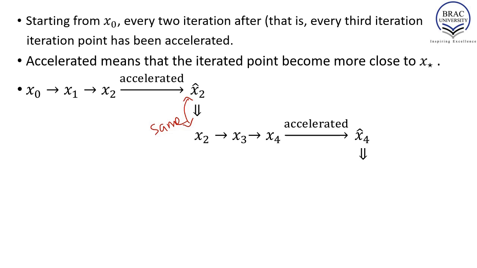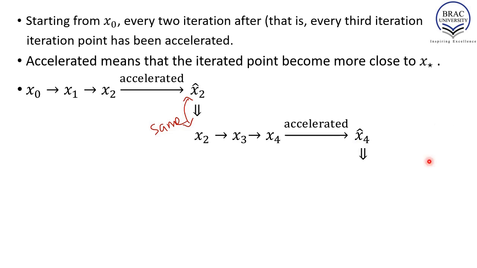Okay, so now what we do, we take this x2 hat as a new x2 and then apply iteration, compute x3, and then from x3 we compute x4, and then apply the acceleration again, we compute x hat 4.